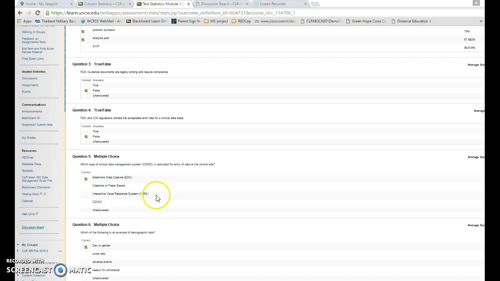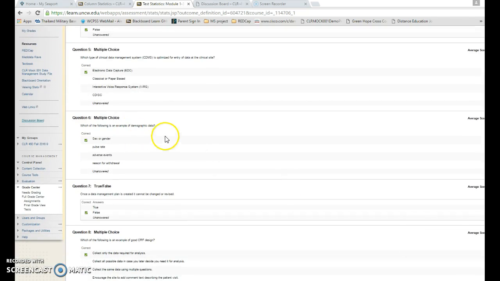But a couple of you had interactive voice response here, and I just wanted to point out that an IVRS system is not a clinical data management system per se. It is a supporting system that collects data, but when we think about a CDMS, we're really thinking about a system that manages all of the data involved in a trial. So the correct answer here is that an electronic data capture system is optimized for entry of data at the clinical site.